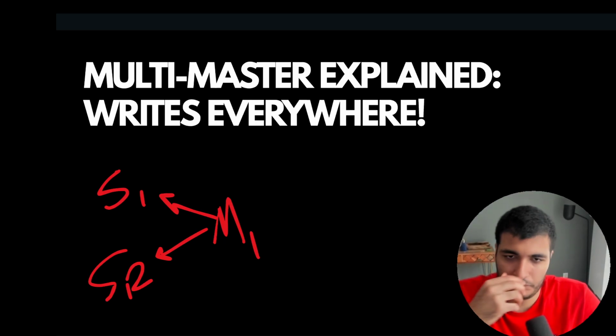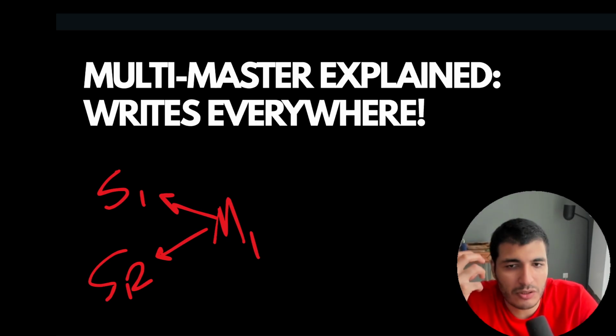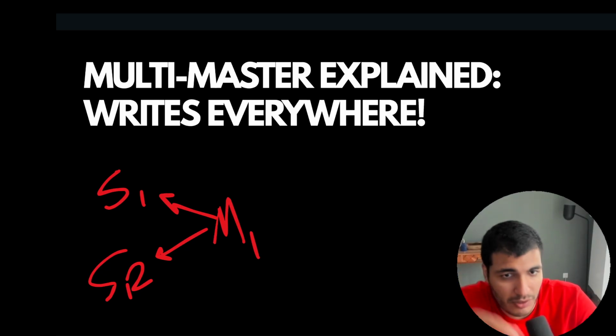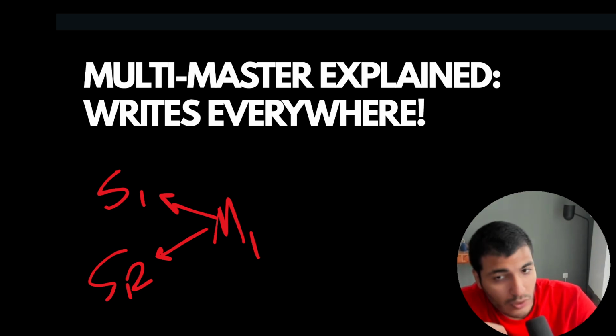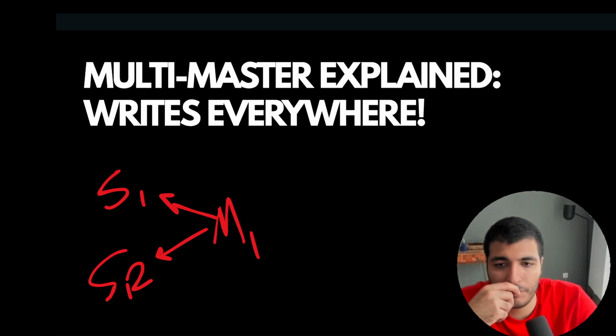So again, with multi-master replication, we need to understand what it truly means. Imagine a traditional primary replica, as you can see here. But now, instead of just one node being able to write, you have several nodes. Each one is capable of independently receiving and processing write requests. Each of these nodes acts as both a master for its own writes, and also can act as a replica for the writes originated from other masters.